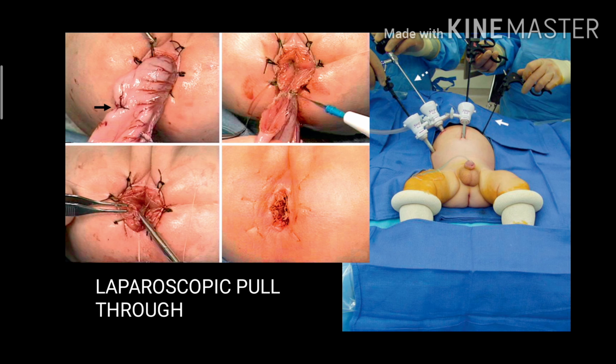It is technically a bit more challenging than the other two procedures, and there are more complications for Swenson's procedure if not properly done. Now the mobilization of the colostomy and the mobilization of the bowel can be done. Mobilization of the bowel can be done laparoscopically, and we can do a laparoscopic pull through.